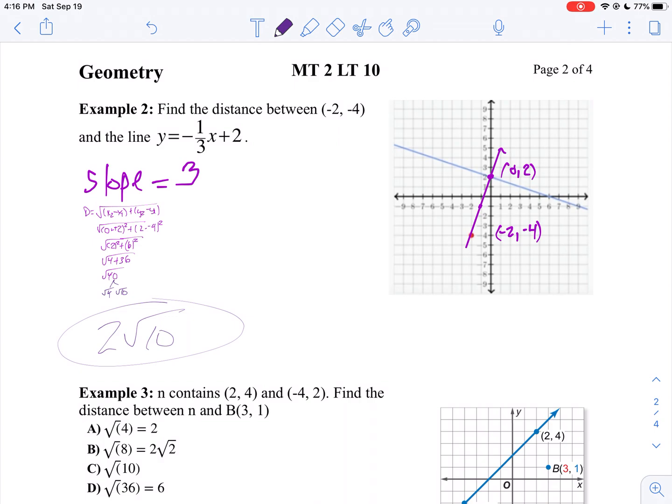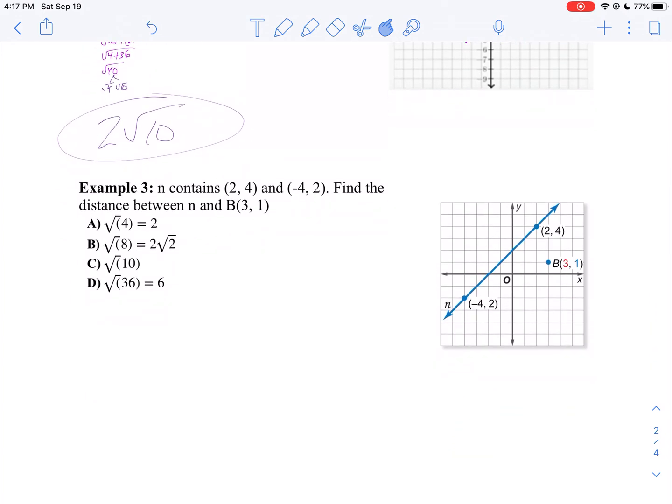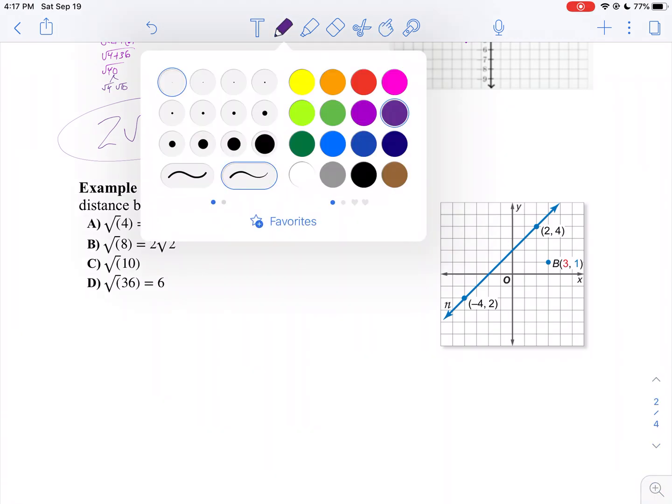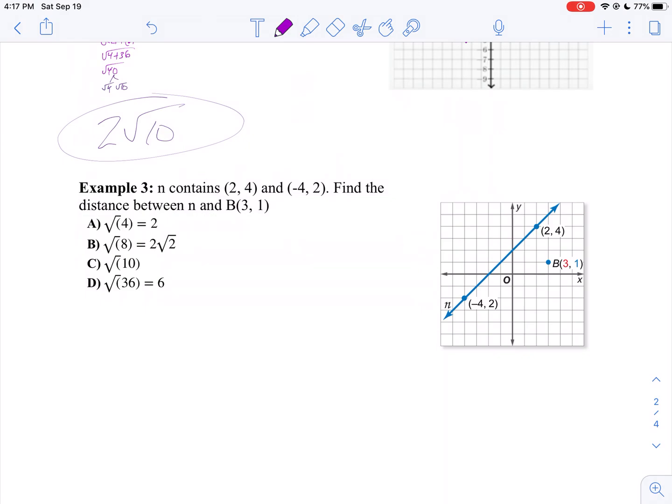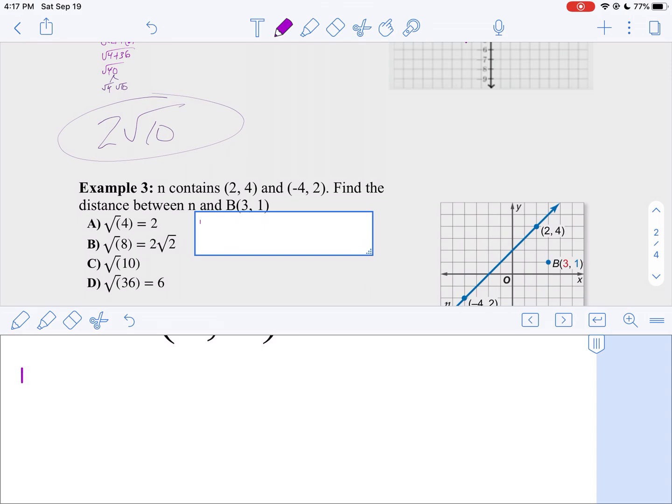At this point, I want you to pause the video, see if you can do example 3 by yourself, then come back here and check. Now, first off, on example 3, I think we need to find the slope of line N. So let's go ahead and do that. The slope of line N is going to be y2 minus y1 over x2 minus x1.